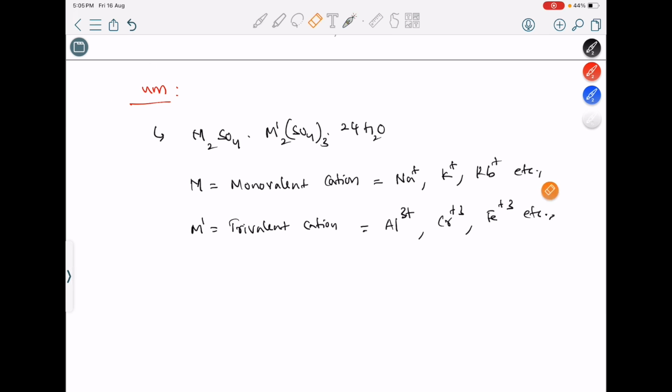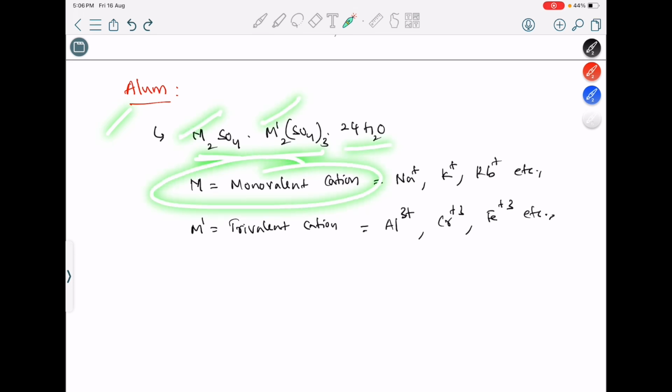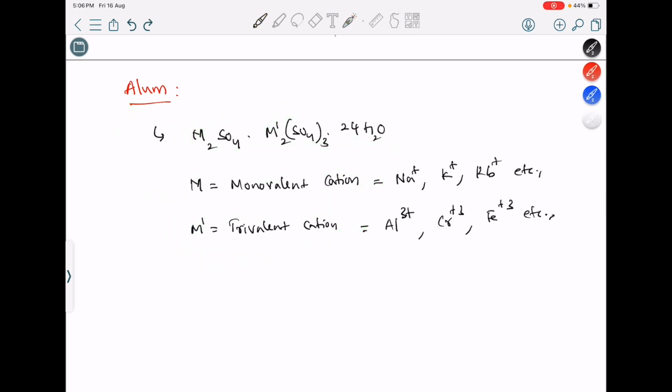So alums are chemical compounds of the general formula M2SO4·M'2(SO4)3·24H2O, where M is a monovalent cation and M dash is a trivalent metal ion. To drive this point home, let us look at a small example.